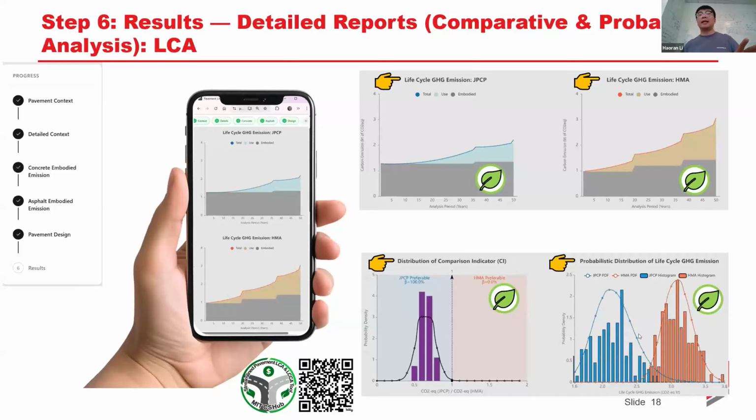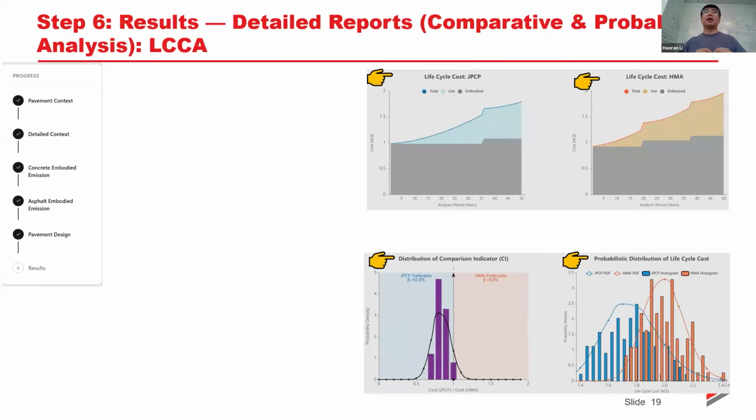And on the right-hand side is the detailed distribution of the life cycle greenhouse gas emissions for these two alternatives. And also we have the cost analysis, where we're also involving the uncertainty analysis. On the bottom, you can see we have a similar plot, but now not all the bars are on the left.